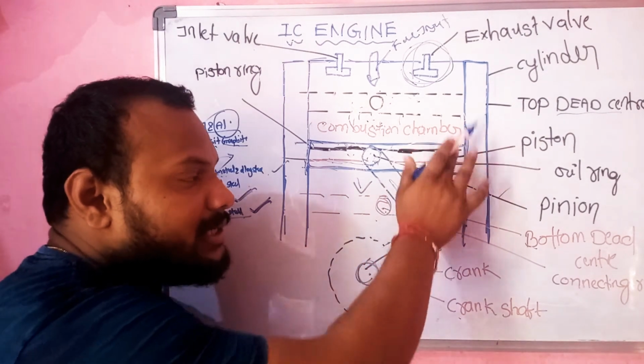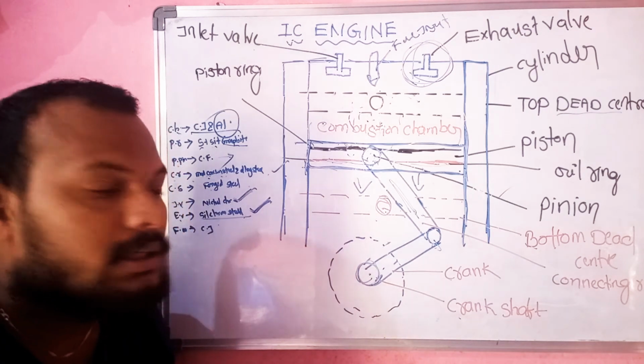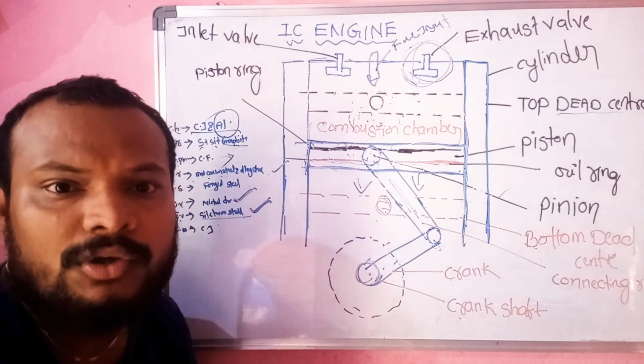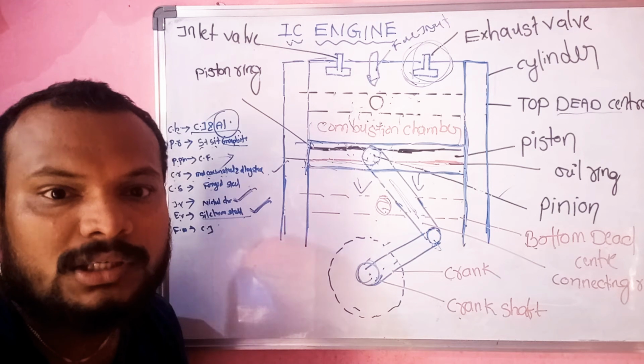The next one is top dead center. Dead center means there is no motion of the piston. Whenever the piston moves upward and reaches the topmost extreme position of the cylinder, that position is called top dead center. In that position there is no motion of the piston.